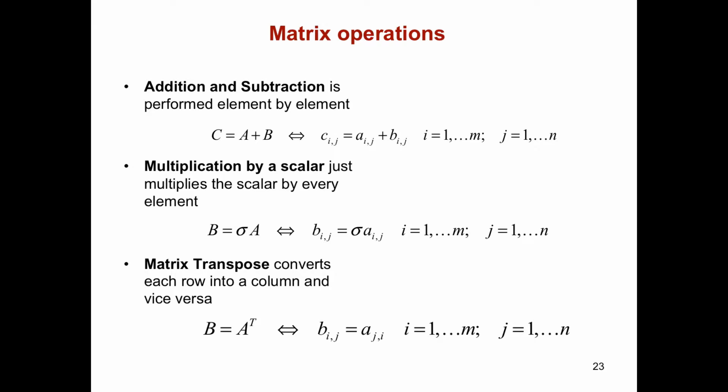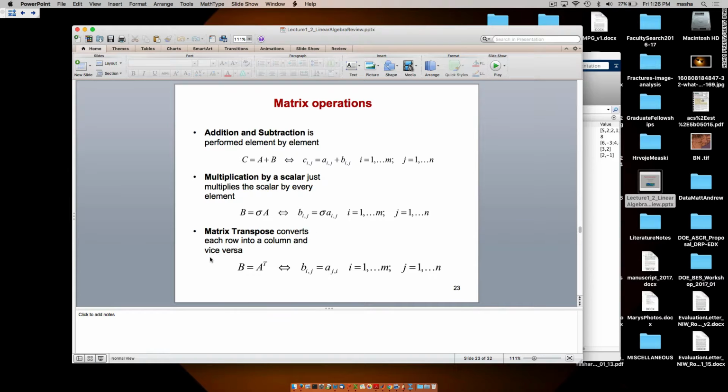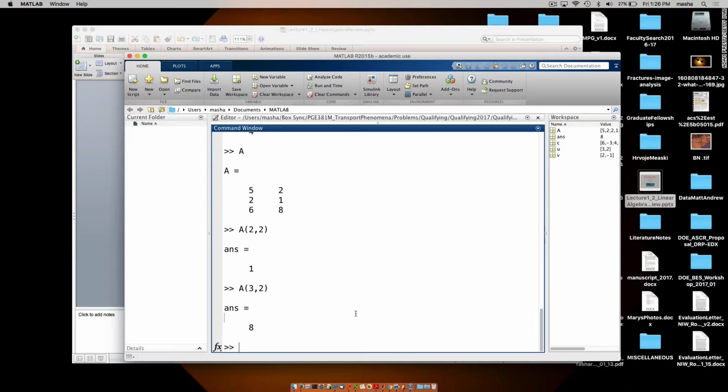Then multiplication by a scalar is simple. If I wanted to multiply a matrix just by a number, I'm going to do that also element by element. So just going to this matrix A, 2 times A would be 10, 4, 4, 2, 12, 16. So each of the elements is multiplied by 2.